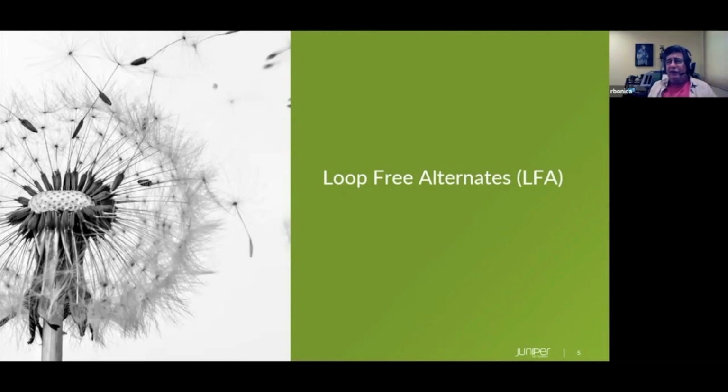Then we're going to tweak the topology a little bit to show you a topology in which, in this case, LFA does not work. And we'll go on to RLFA. Do the same exercise, and we'll tweak the topology a little bit and show you a topology in which neither LFA nor RLFA will give you coverage. And then we'll go on to TI-LFA and show you how it gives you 100% coverage.